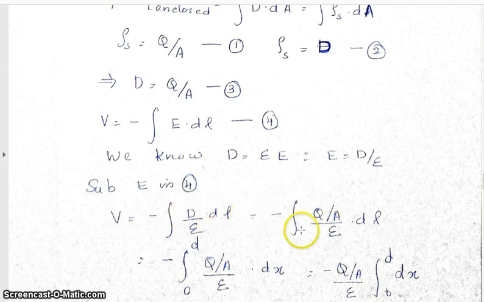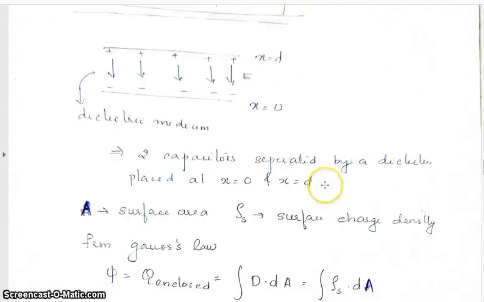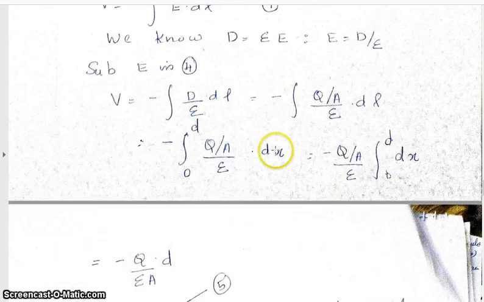So minus integral Q by A epsilon dl. So here instead of dl we have to use dx, because we have assumed x is equal to 0 and x equal to d. So instead of dl you have to take dx. Now Q, A and epsilon are constants, so I have taken them outside, so integral 0 to d dx.